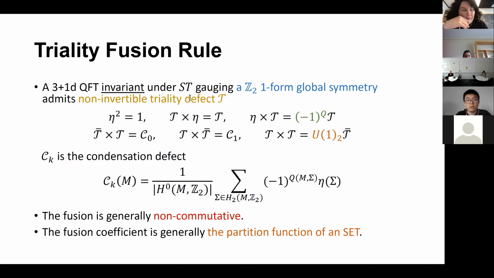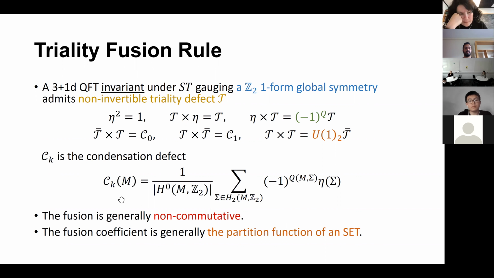So let me summarize the fusion rules that involve triality defects. So for any 3+1d QFT that is invariant under ST gauging of the Z2 one-form global symmetry, we can define non-invertible triality defects in this theory. And we can talk about fusions, and the fusions will involve the triality defect, the orientation reversal of the triality defect, and also the symmetry defect, which is a surface operator, and various condensation defects.